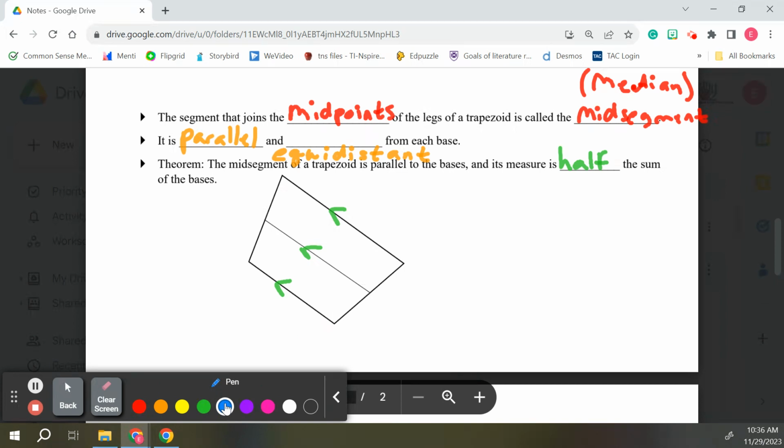So if I were to label this, again, A, B, C, D, here would be E, and here we'll have F. We're going to state that EF is the midsegment. Remember, also known as a median of the trapezoid.